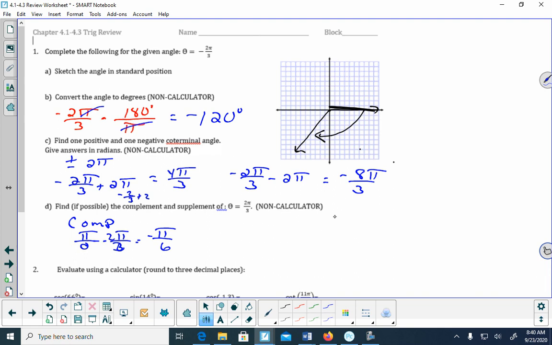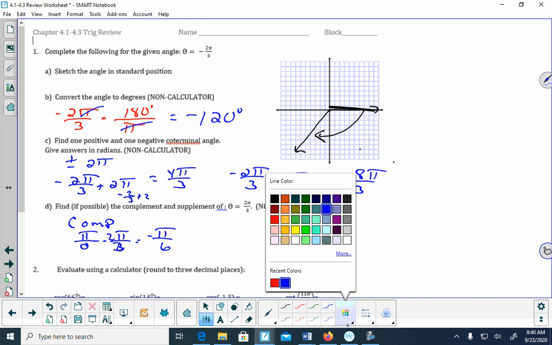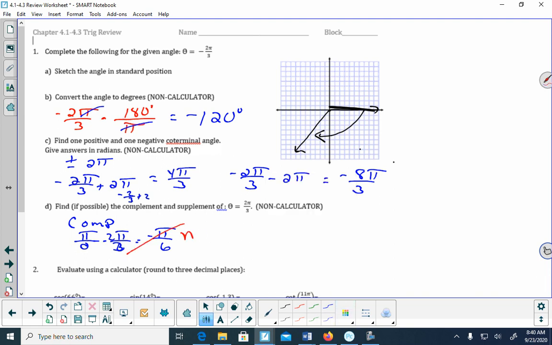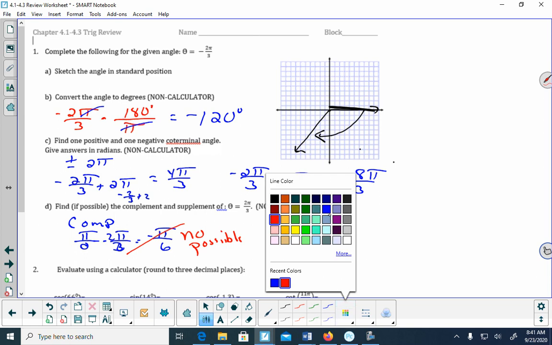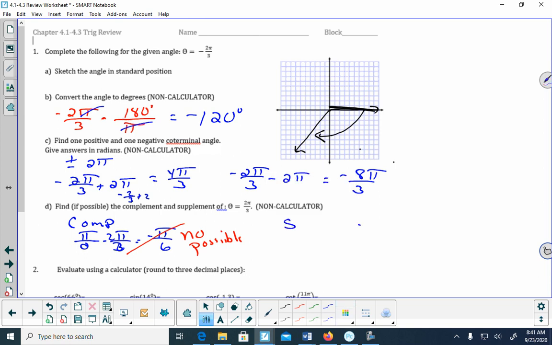As soon as this angle comes out negative, I'm going to say that's not possible because it has to be two positive angles. So I'm going to say not possible for the complementary angle. To find the supplementary angle, I'm going to do π minus 2π over 3. When I subtract that, I get π over 3. So the supplementary angle is π over 3.